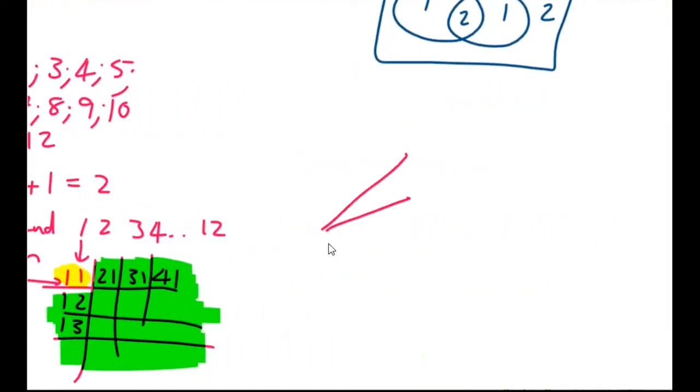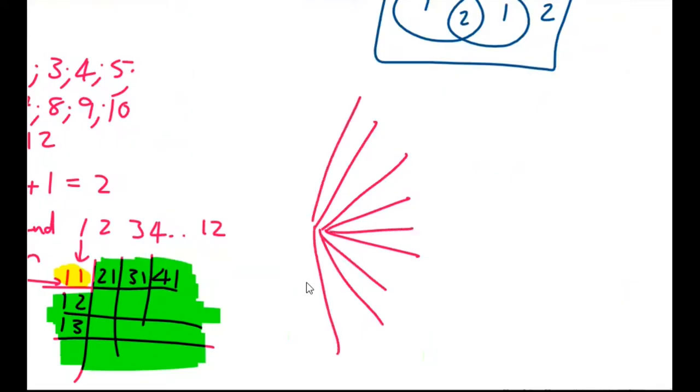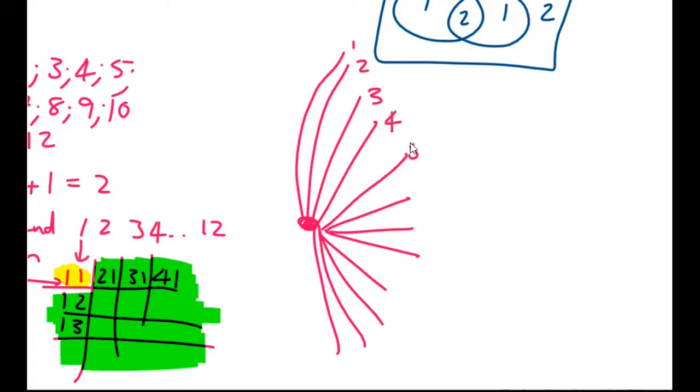And if I were to draw a tree diagram, it would be very painful because I've got 1, 2, 3, 4, 5, 6, 7, 8, 9, 10, 11, 12. And this is one of the reasons why I want to show you the tree diagram, is because you guys asked about it. So every single thing that could happen the first time I spin, I could get a 1, a 2, a 3, a 4, a 5, a 6, a 7, an 8, a 9, a 10, an 11, or a 12.